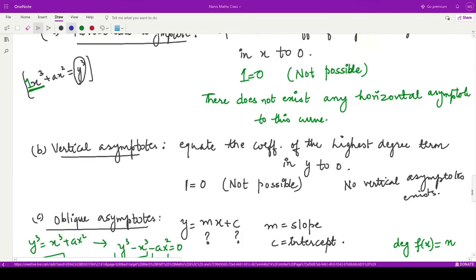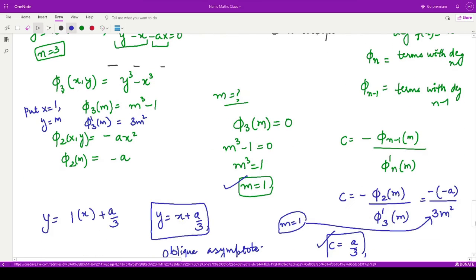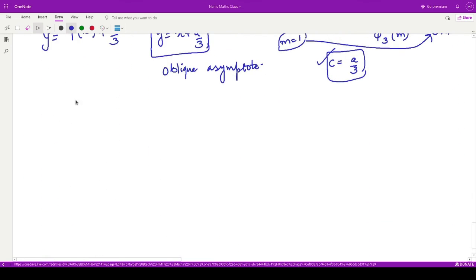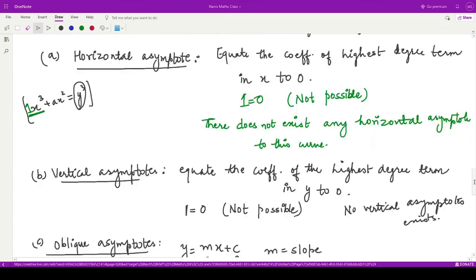Next, let us see what are the intervals in which the given curve increases or decreases. So next, let us examine in what intervals the given curve increases or decreases.